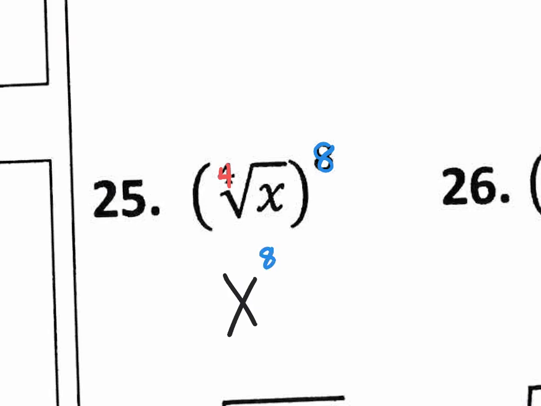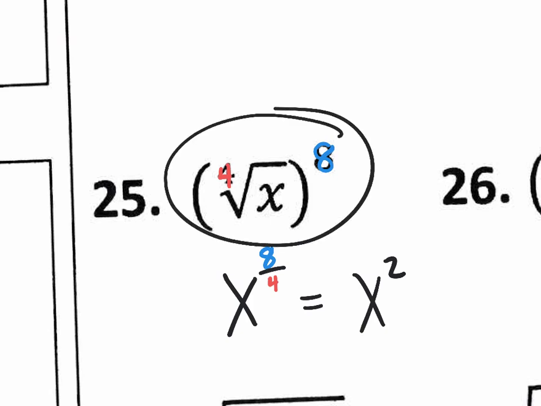So what's your final answer really? What's 8 divided by 4? 2. X to the second is your answer. So this complicated looking problem, once you understand that it's that base to the power over the root, has a simple answer, x squared.